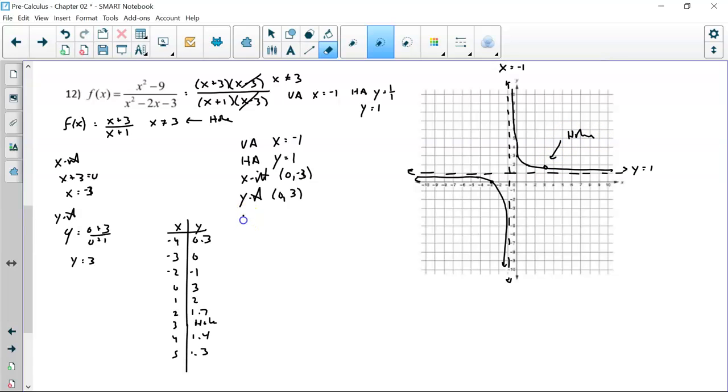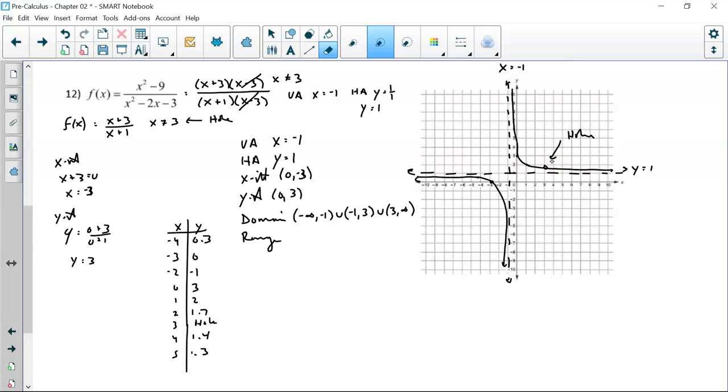So for our domain, we have 3 intervals because of that hole and the asymptote. -∞ to -1, the union of -1 to 3, and then union of 3 to infinity. Now the range is a little bit trickier because we have a hole there as well for our y's.